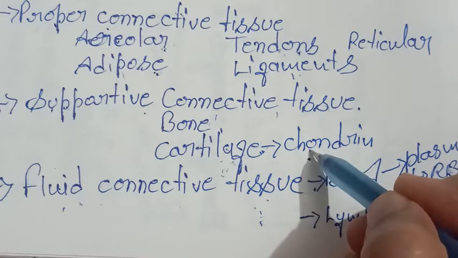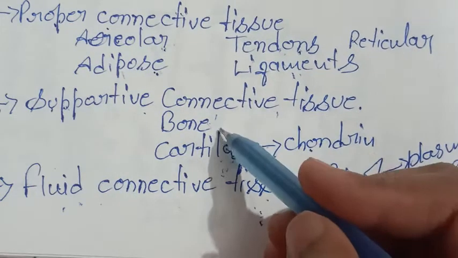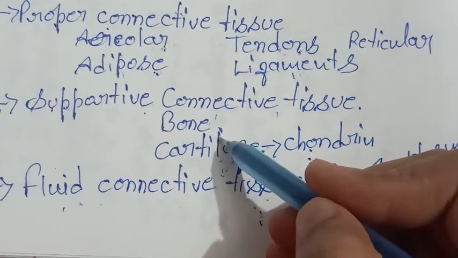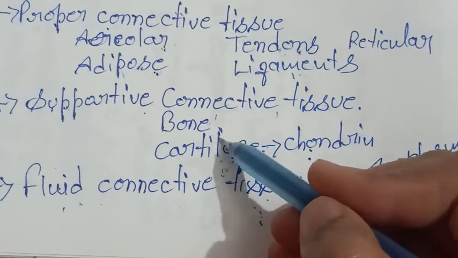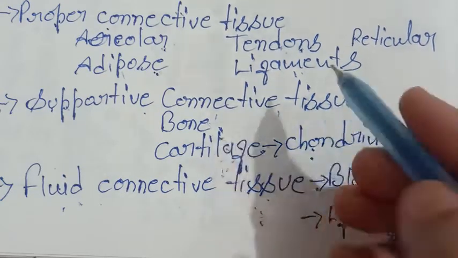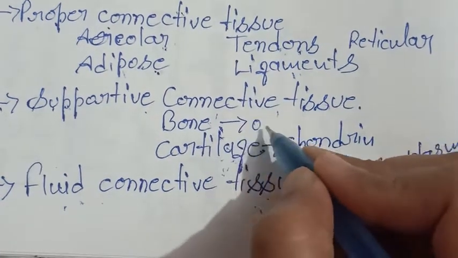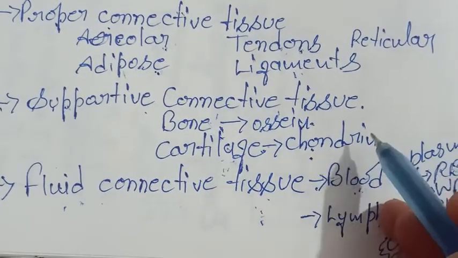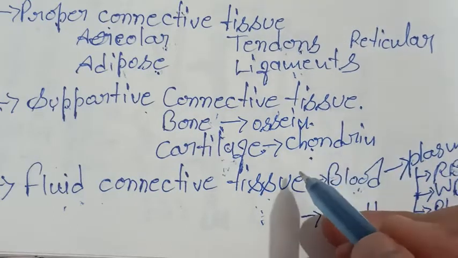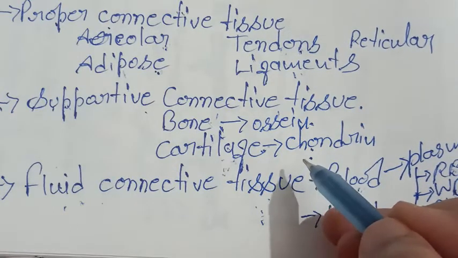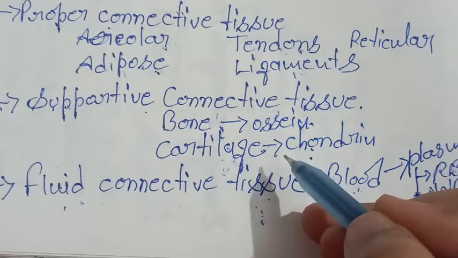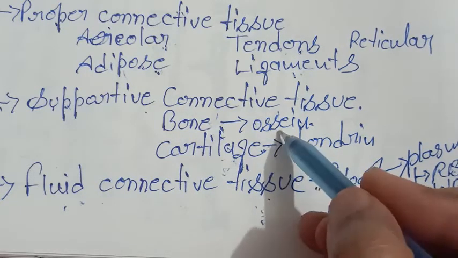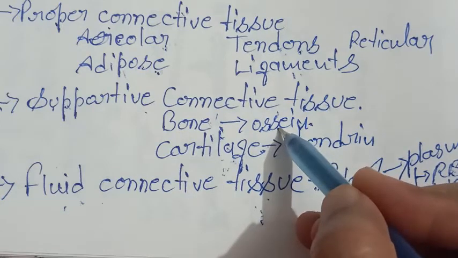Now next to this is bone. It is the hardest connective tissue. The matrix of bone is very hard because of the presence of salt, and it contains protein. The name of the protein is ossein. In the solid matrix are present longitudinal canals, and these longitudinal canals are known as Haversian canals.